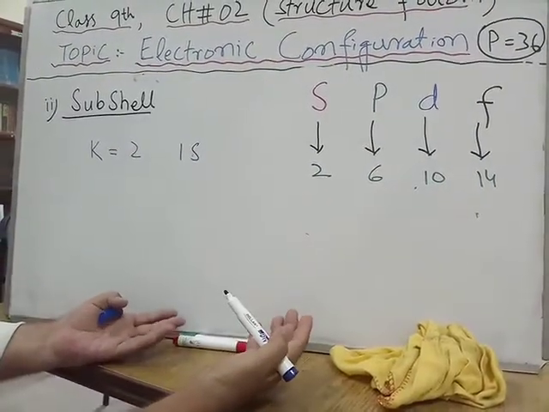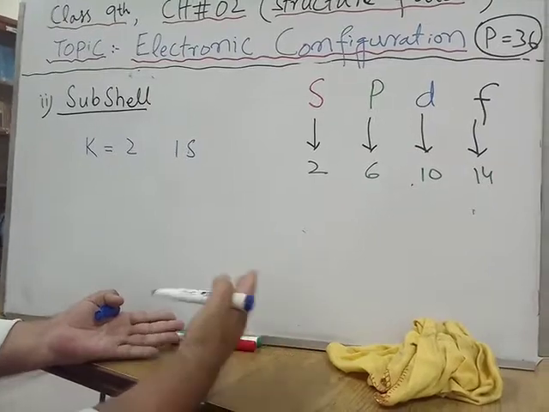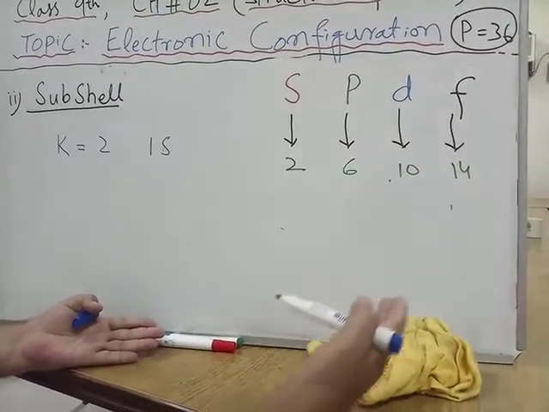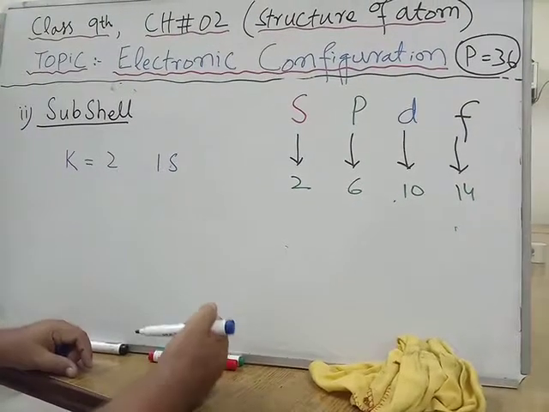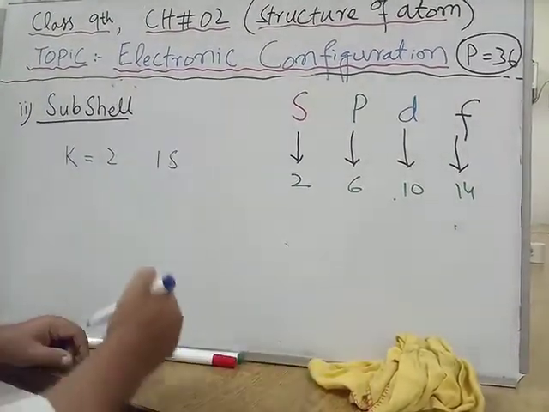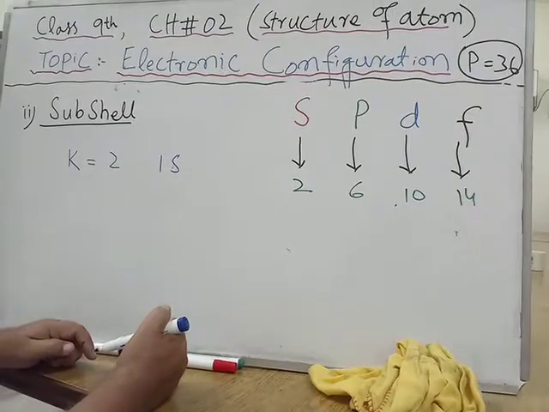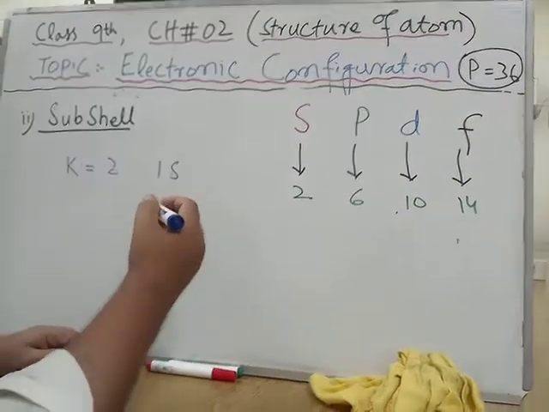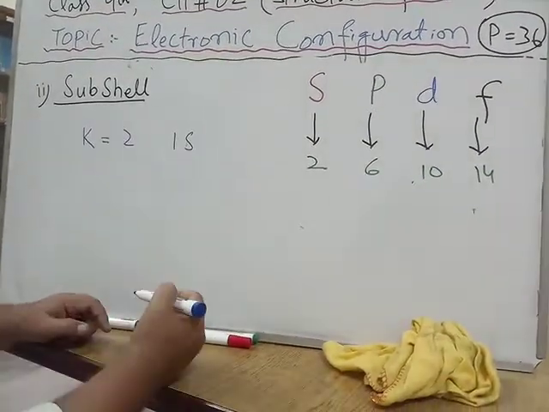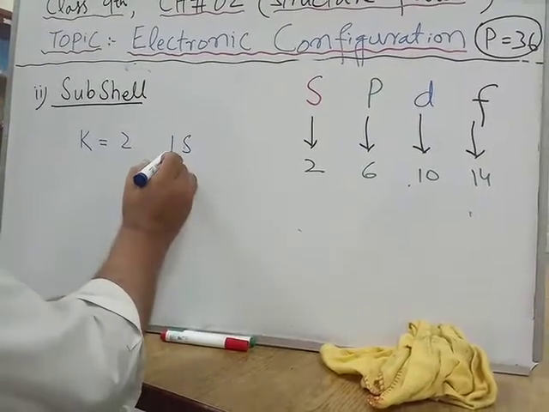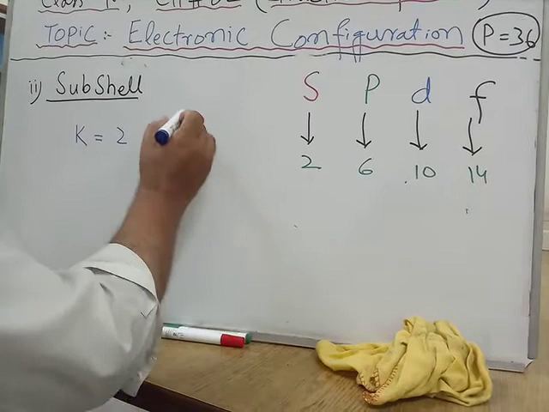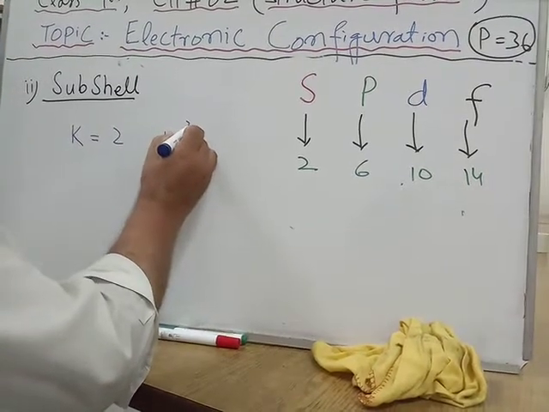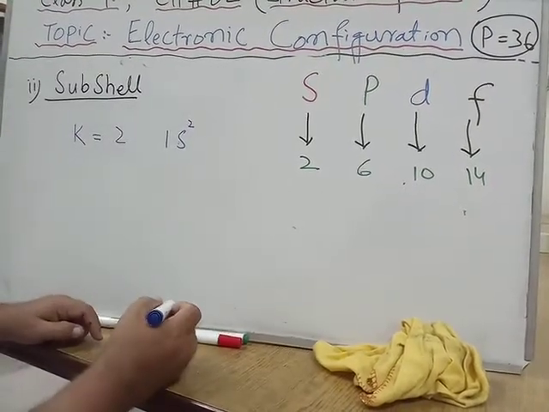So the shell is a house, the subshell is a room, and the passengers act as electrons. So the first shell has a subshell S, and it can accommodate a maximum of 2 electrons.